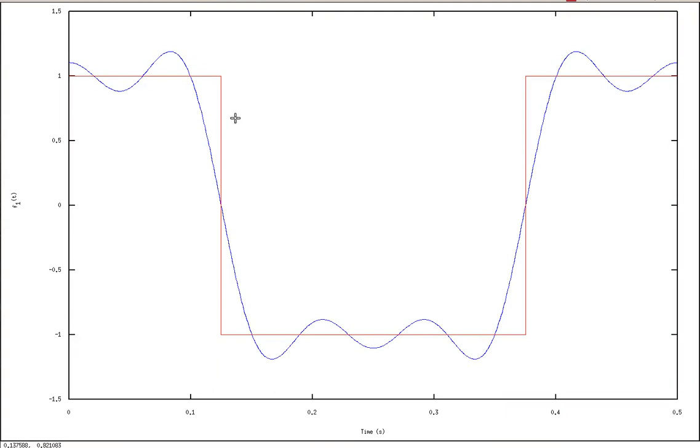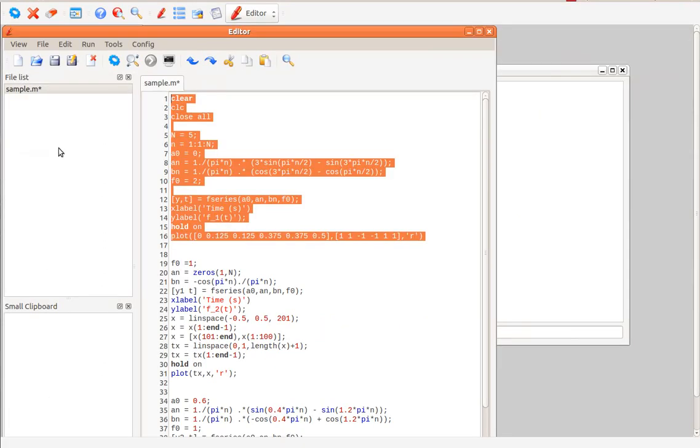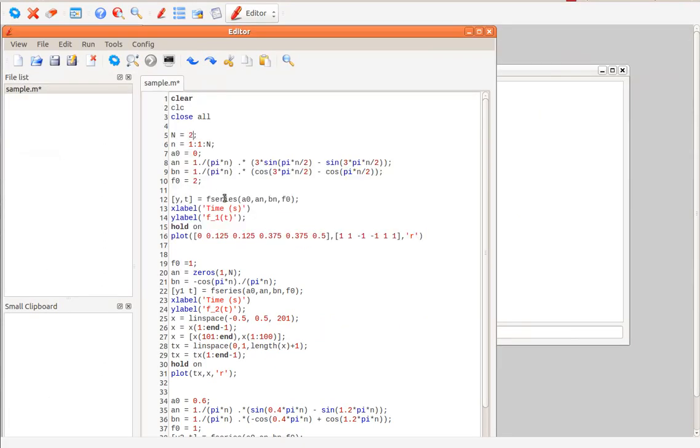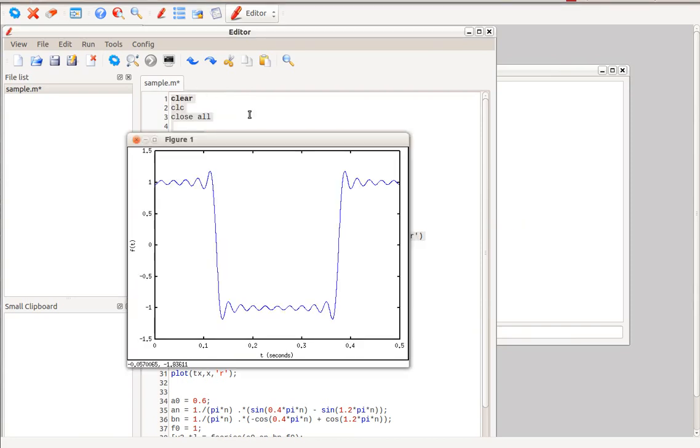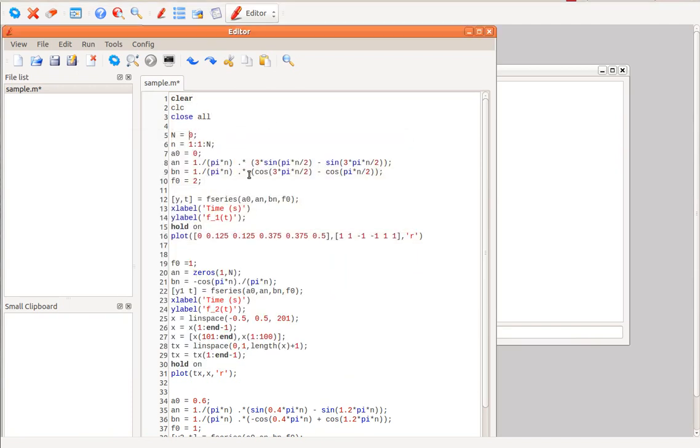It does its job, it looks roughly the same, but it won't do as good a job as 120 coefficients. So the more coefficients you use, the closer you will get. Let's try 20. Let's run that. Okay, so it gets closer. And of course, if you use 100, it'll get closer still.